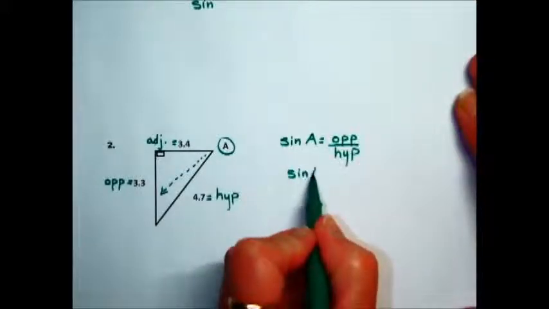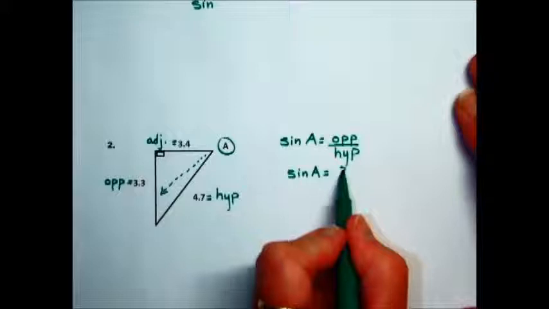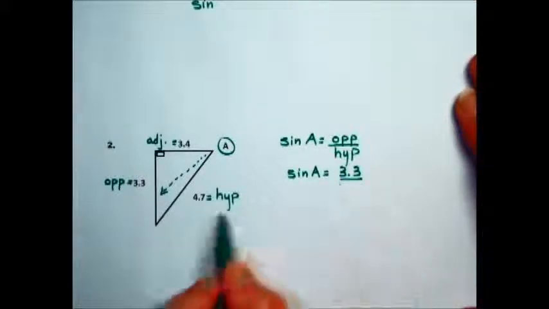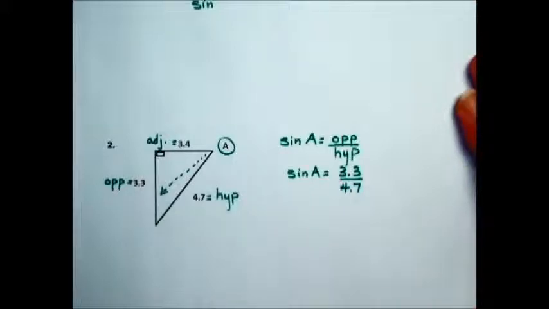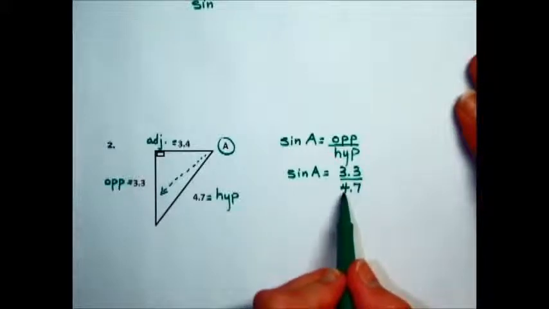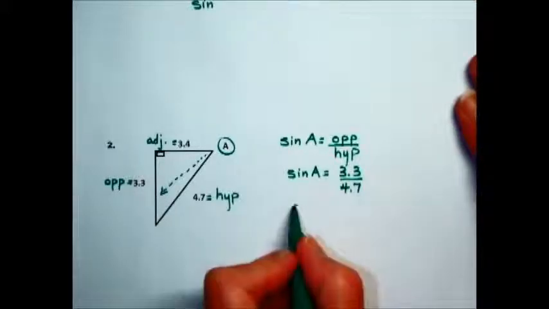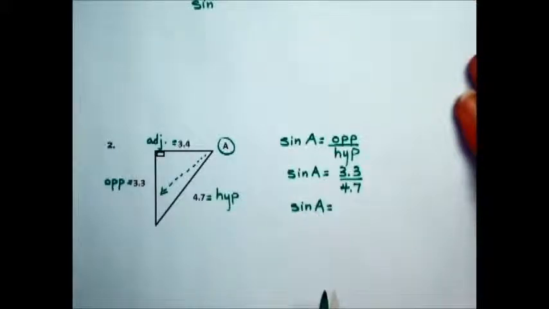Plugging in what we know, we identified that the opposite side from angle A has a length of 3.3. The hypotenuse, the longest side in the triangle, is 4.7. Next, we will start by dividing the numerator by the denominator to simplify that fraction into a decimal equivalency.